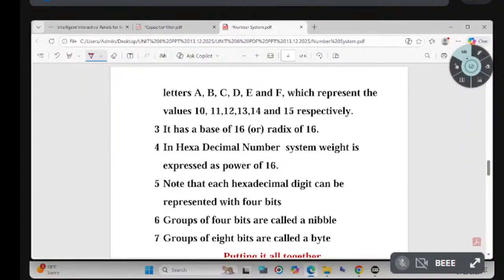Right, problem. Convert hexadecimal to decimal equivalent, base 10.